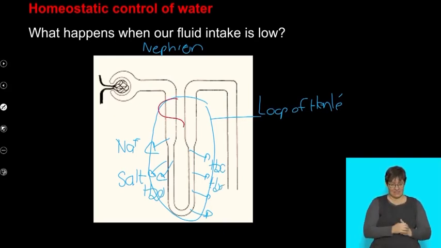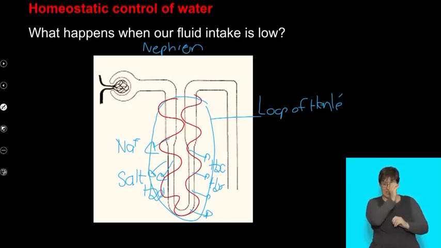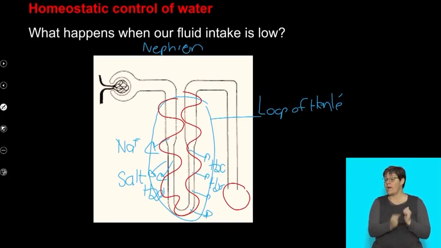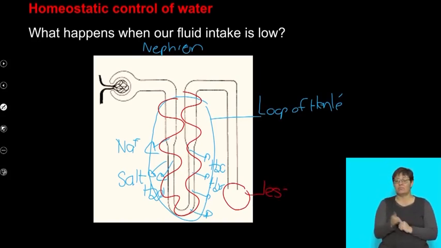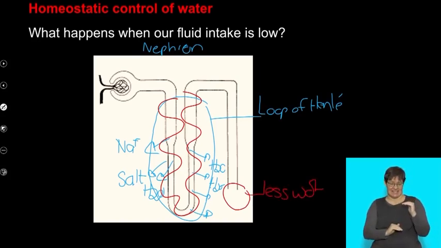There are blood vessels around here. All right? You didn't have enough water for that day, and your body says, hey, dude, you didn't have enough water, but don't worry, the kidneys have got it under control. So what happens? You've got less water in your urine because you drank less.